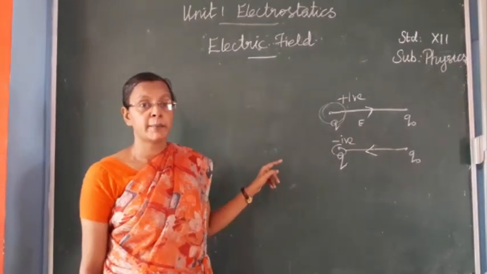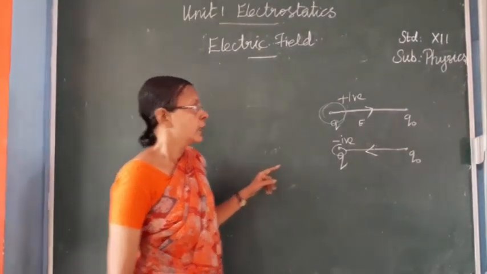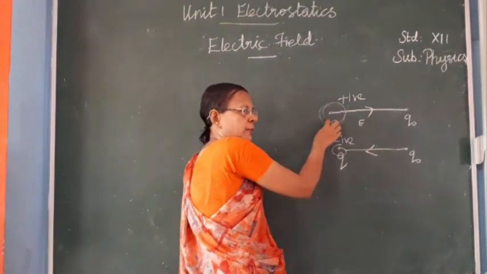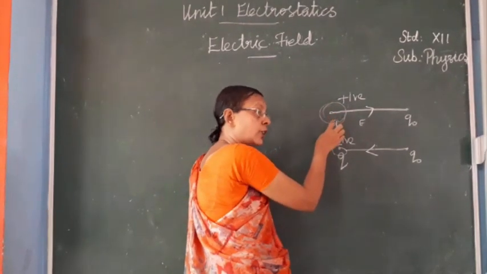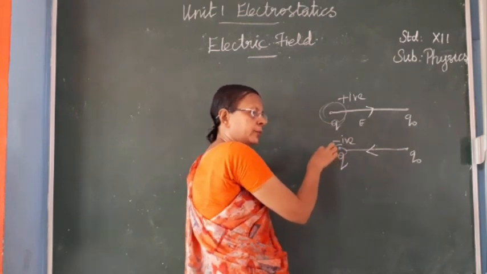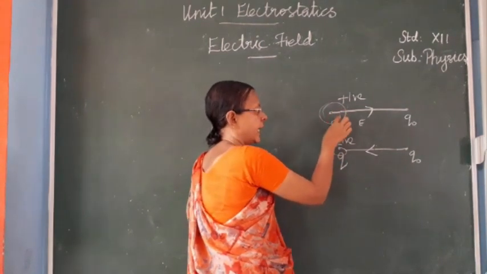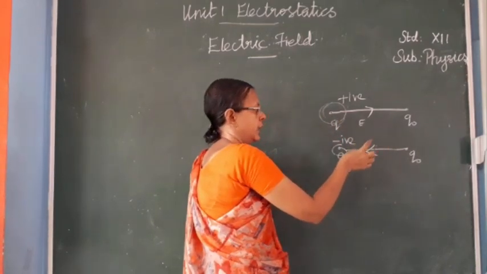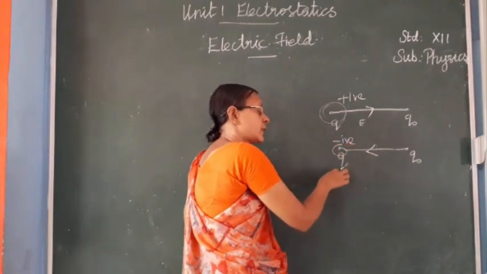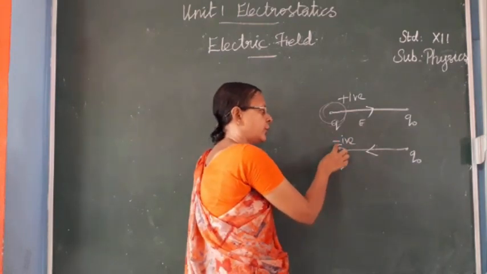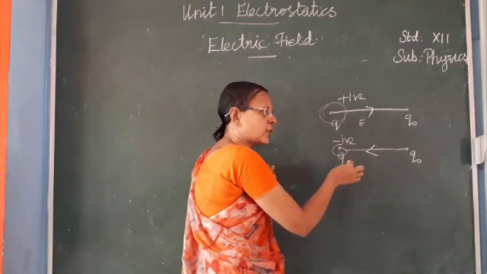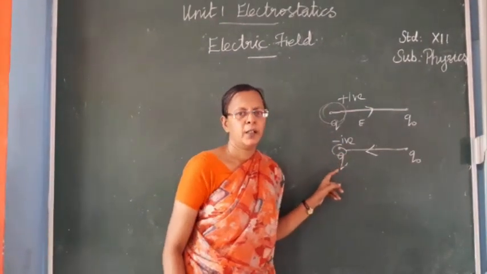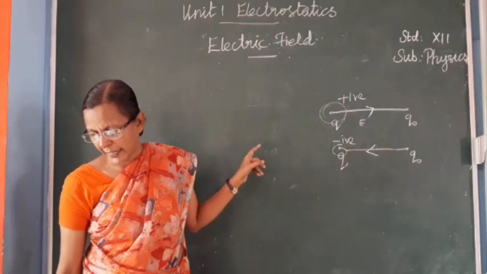Once more I am saying, if the source point charge Q is positive, the electric field points away from the source charge. If the source charge Q is negative, the electric field points inwards towards this source charge. So this is the first aspect.